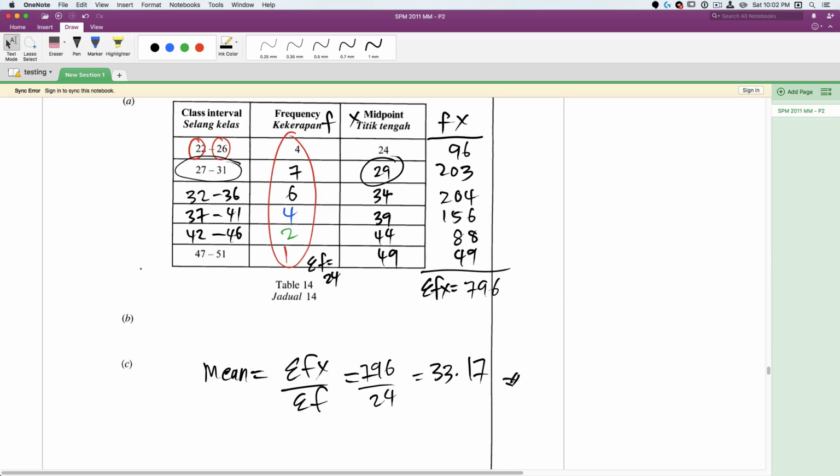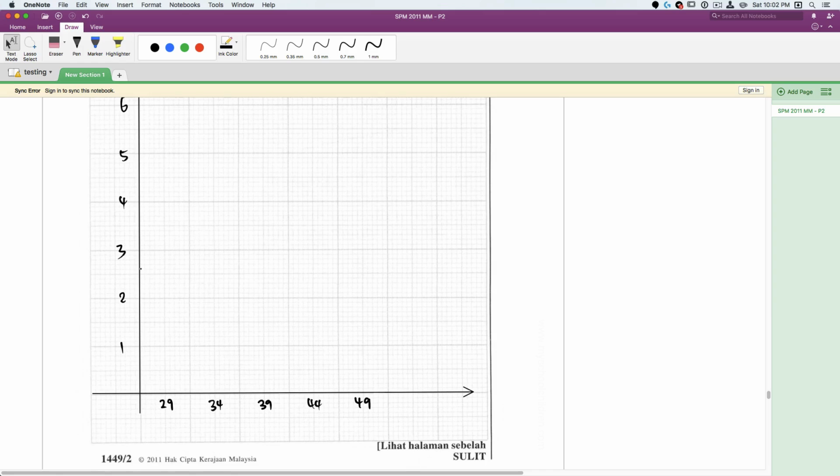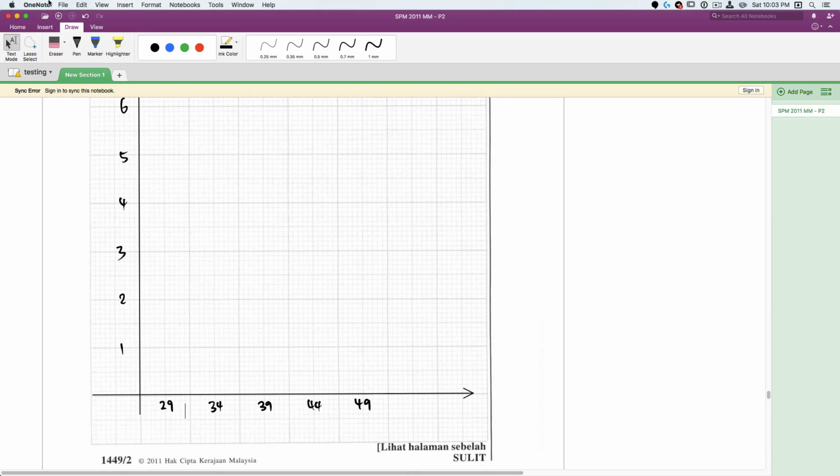The first one is 4, the second one is 7, third one is 6. 4, 7, 6. Okay, so 4, I just draw a 4 here. Of course, you use a ruler. In this case, I can use a ruler, but it's going to take me some time. Okay, just let me insert the line. Or I can do a rectangle.